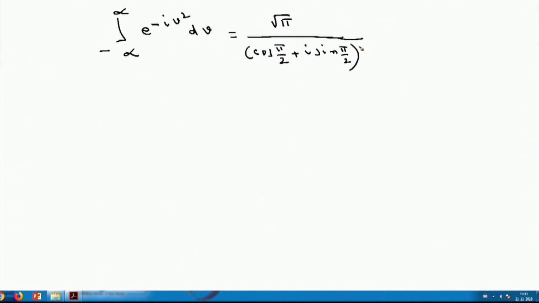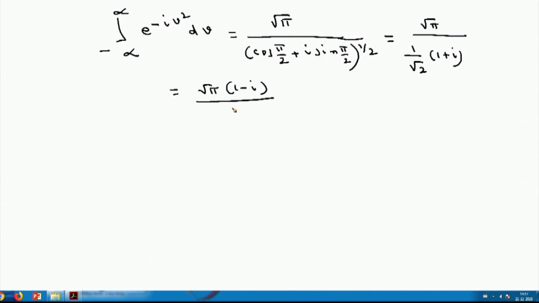I to the power half I can write like this, and once I am writing this, it equals root pi into 1 by root 2 into 1 plus I. If you simplify this, it will be root pi into 1 minus I by 2 by root 2.